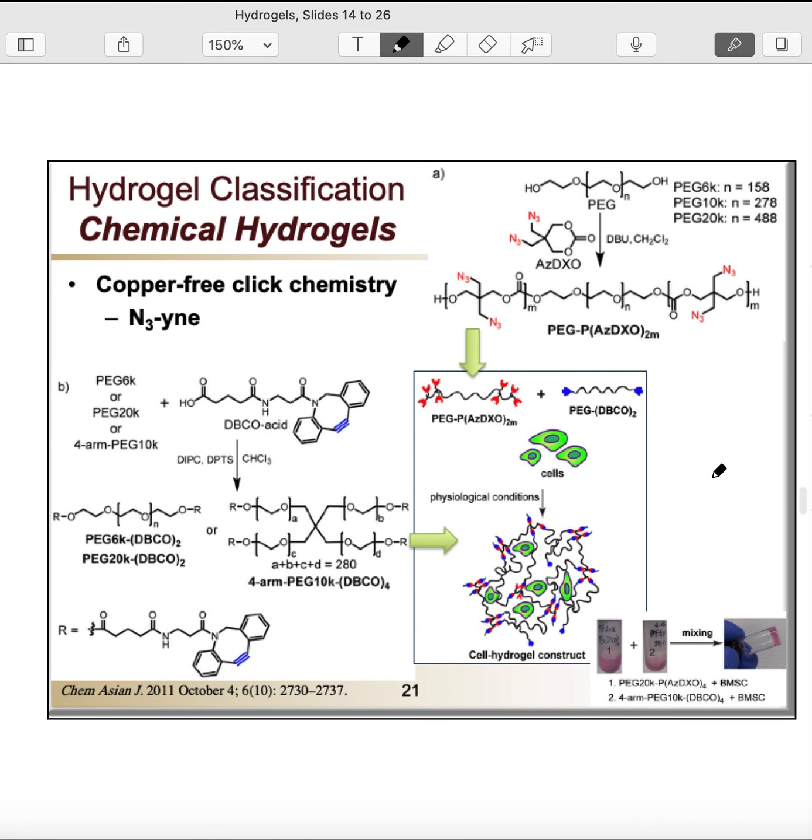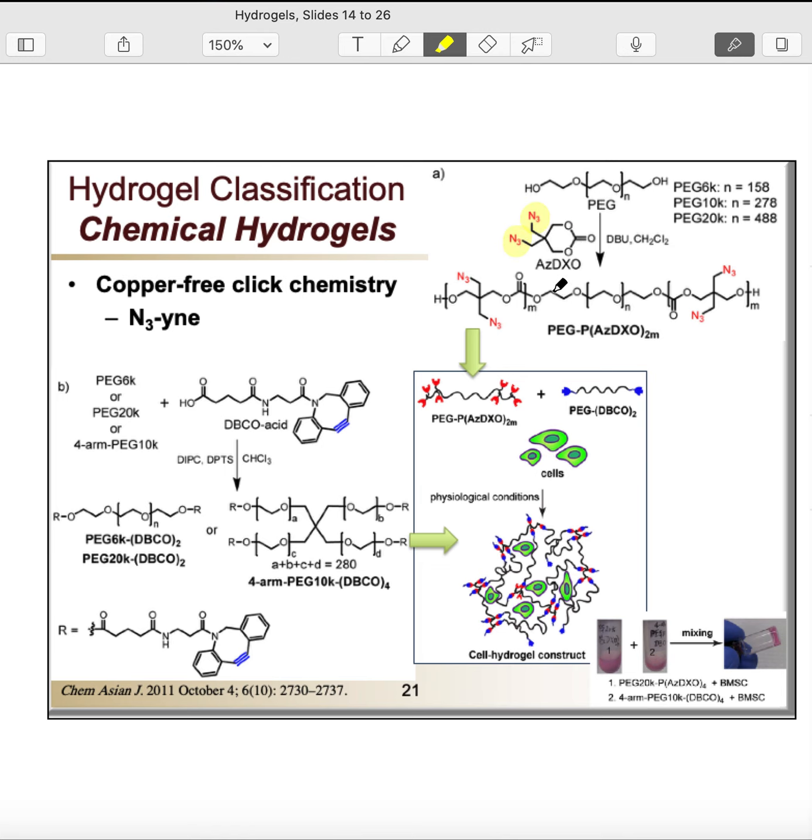Another example of the use of click chemistry, in this particular case, copper-free click chemistry, is a system where we're utilizing that cyclooctyne. So to do this, what they ended up doing was to utilize a polyethylene glycol, from which they did the ring opening polymerization of this monomer. Notice that this monomer contains two azide groups.